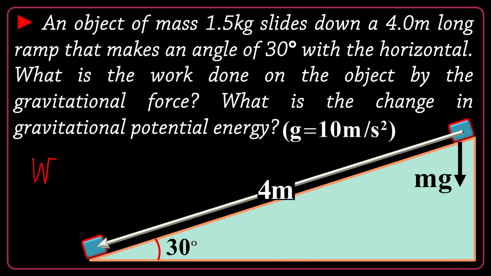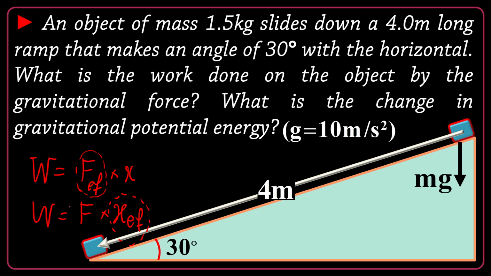Previously, I mentioned the work is defined as the effective force times displacement or force times effective displacement. Effective force is the component of the force in the direction of displacement, and effective displacement is the component of displacement along the force. It's up to you to take one of these two alternatives. I take the second one.